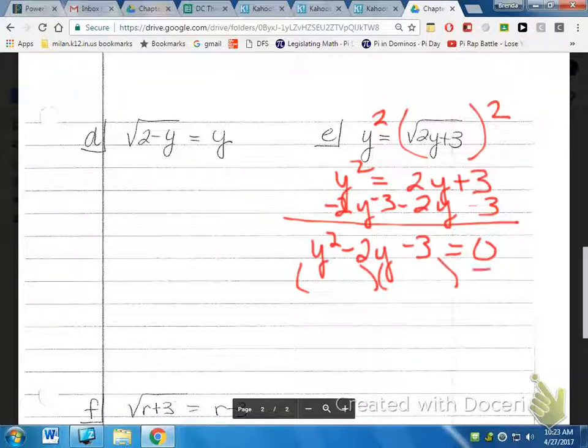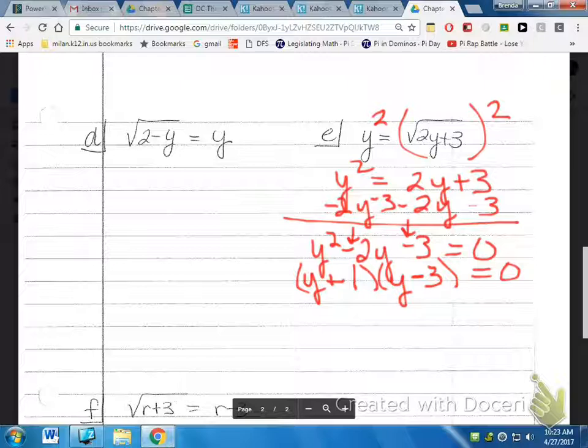Parentheses, because you always try factoring first before you do anything else. Y and y, the minus in front of the 3 means the signs are different. Factor pair of 3 whose difference is 2, so it'd be 3 and 1. Since there's a minus in front of this 2, 3 goes over here.